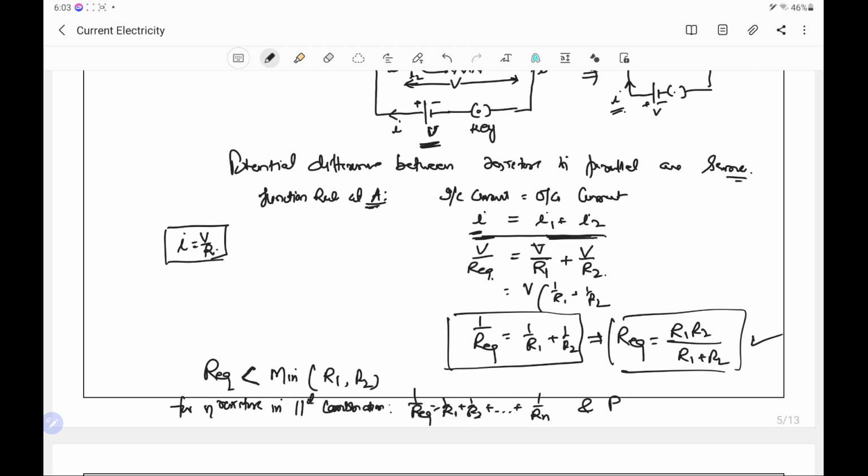And R equivalent is less than the minimum of R1, R2 and so on to Rn. That means it will be smaller than the smallest of all of the n resistors.